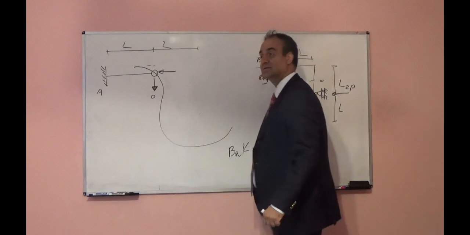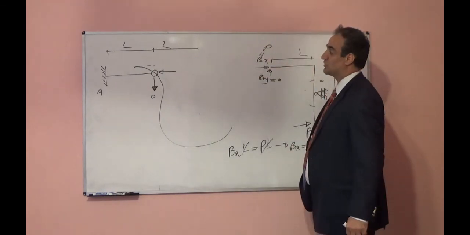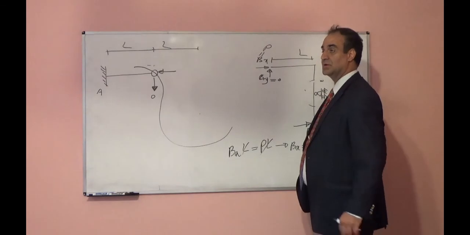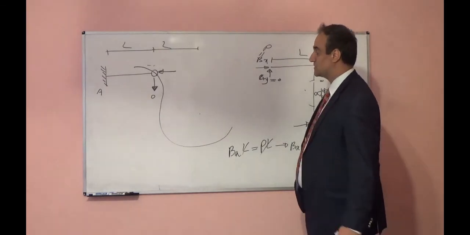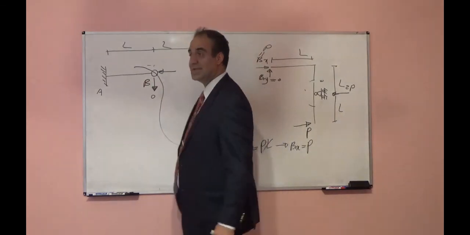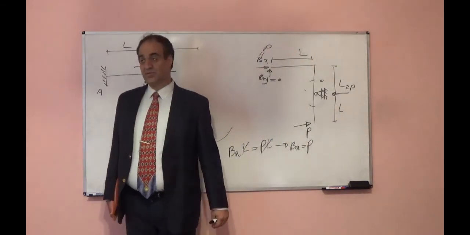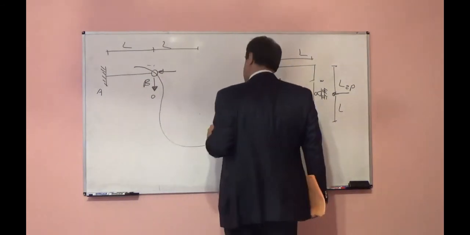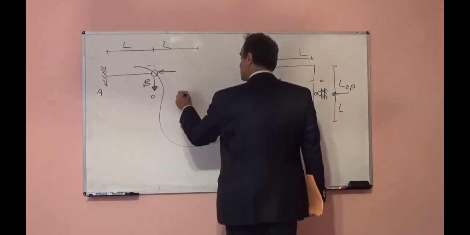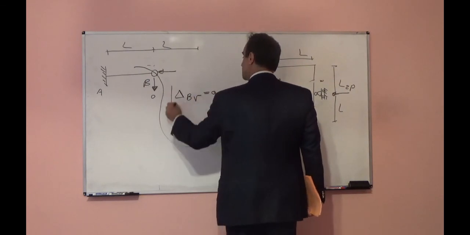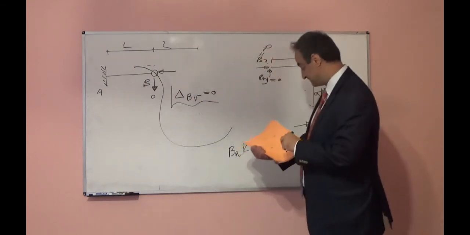The vertical load magnitude is 0, so that will not create any deflection. The axial load can create deformation in the AB part, but because in this problem we neglect axial deformation and the load perpendicular to AB is equal to 0, delta B in the vertical direction will be equal to 0.